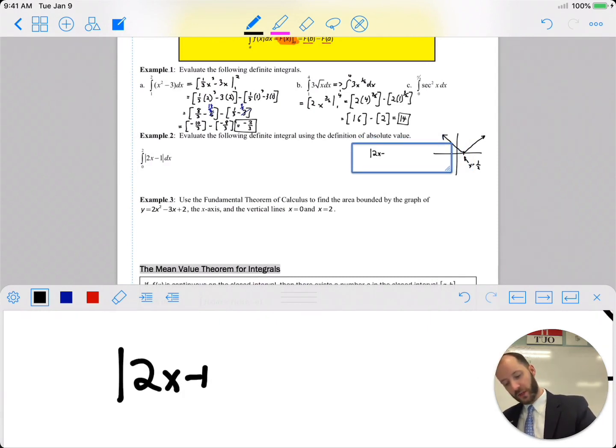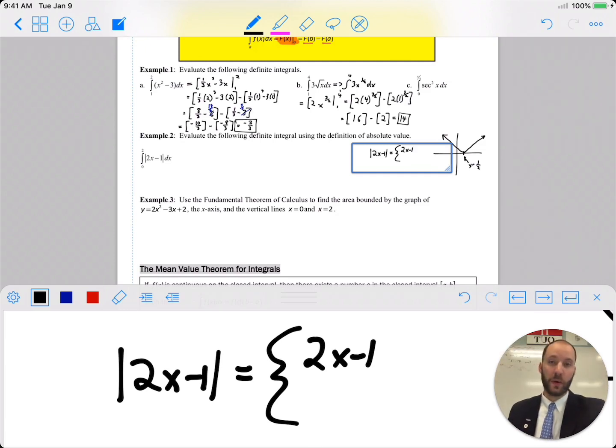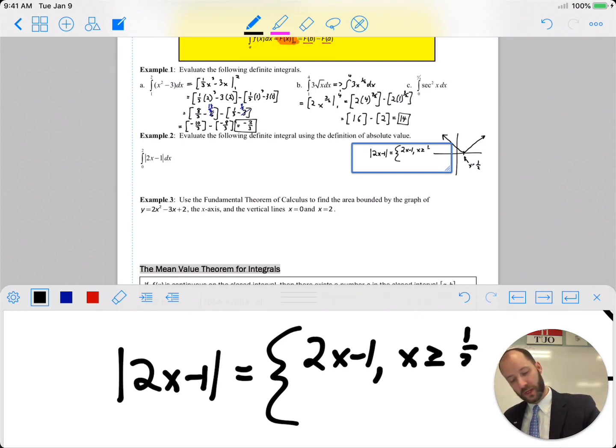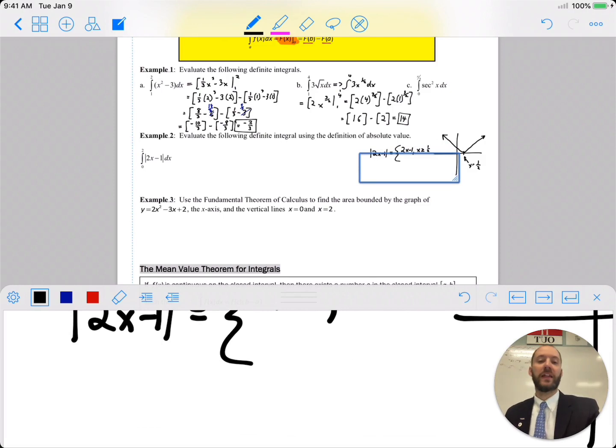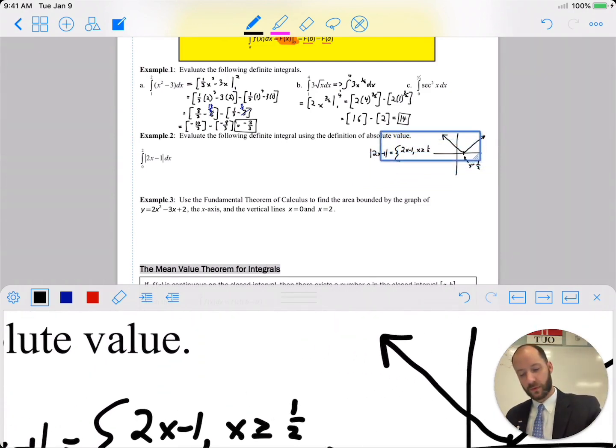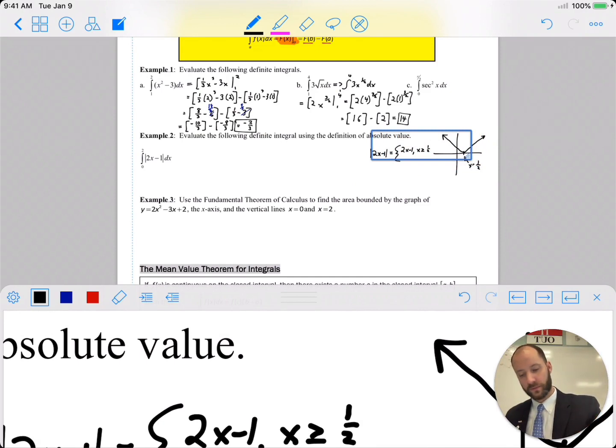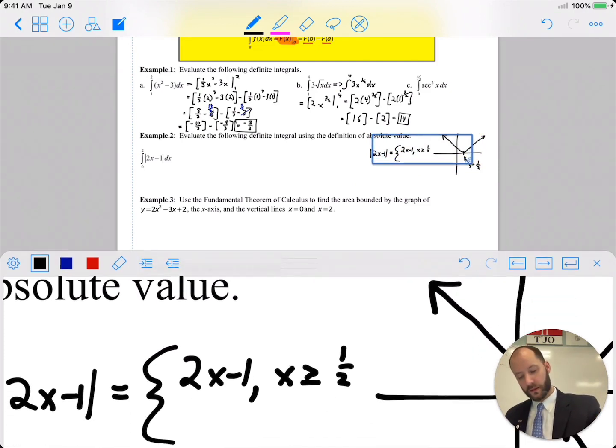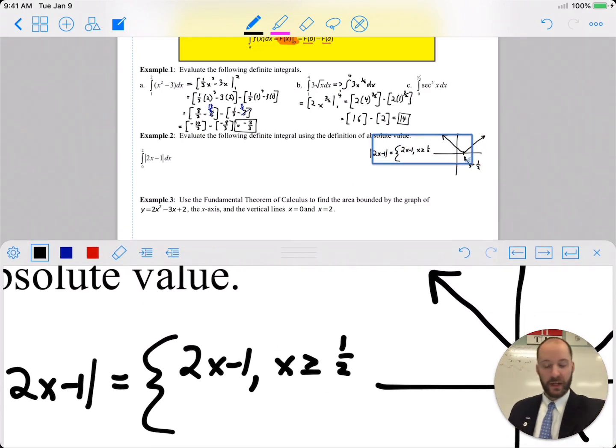of 2x minus 1, kind of the definition of that, is you have 2x minus 1, slope of 2, 1 times 1/2, when x is greater than or equal to 1/2. And then you have the opposite, to the left of the V, so right here, you have a slope of -2.